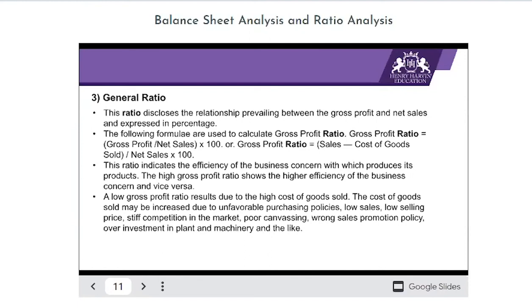The core activity, the reason why you are there to do business. The gross profit should be enough to cover your direct costs, to cover your other expenses and to give you good profits.